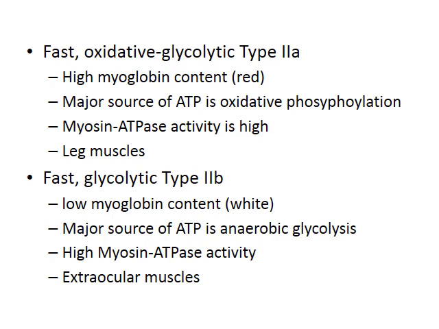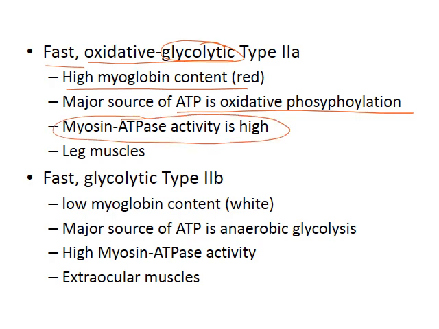Now, type 2A is fast, and it's going to be a combination of oxidative and glycolytic. It's going to have, again, high myoglobin content. The ATP is mainly coming from oxidative phosphorylation, a little bit from glycolysis, and the myosin ATPase activity is going to be high, so it's going to be much quicker. And these are going to be in your leg muscles primarily.